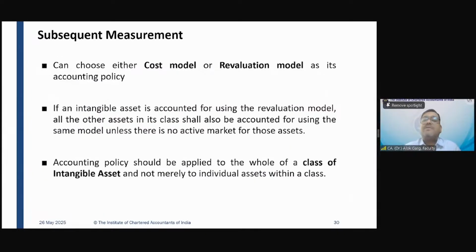Now, friends, coming to the subsequent measurement. Okay. But before that, let me solve one more question.